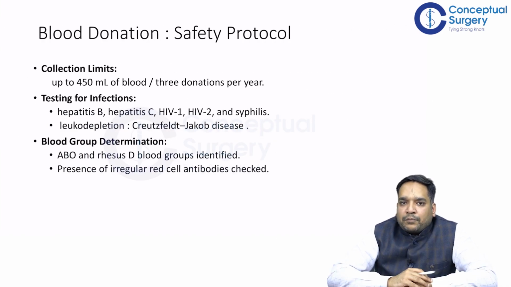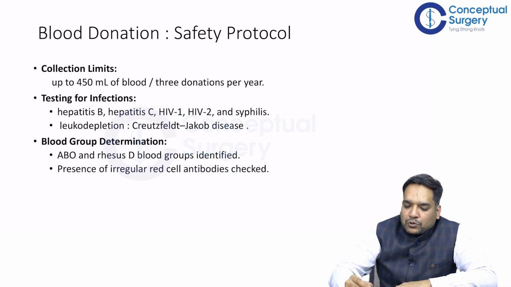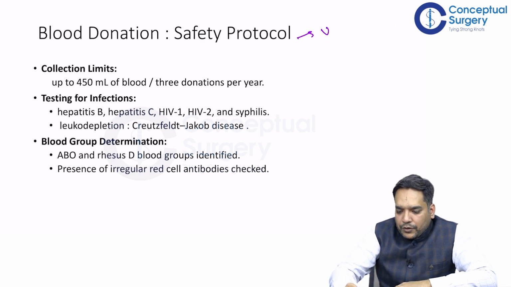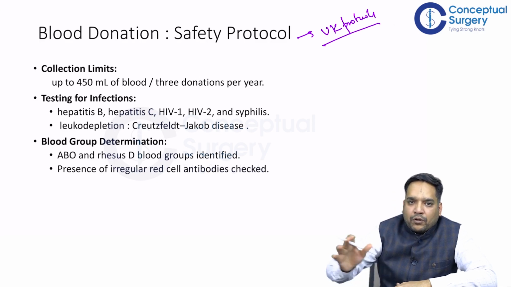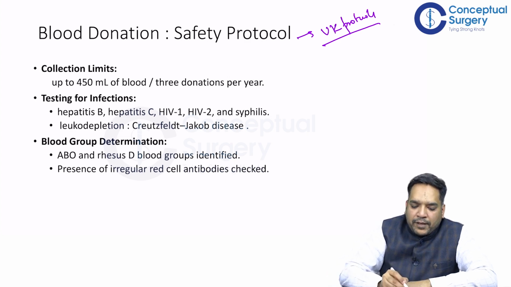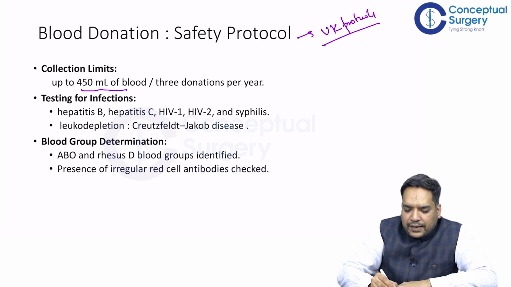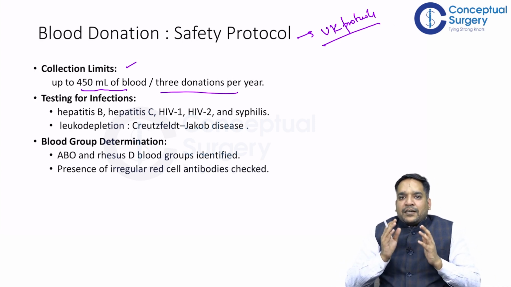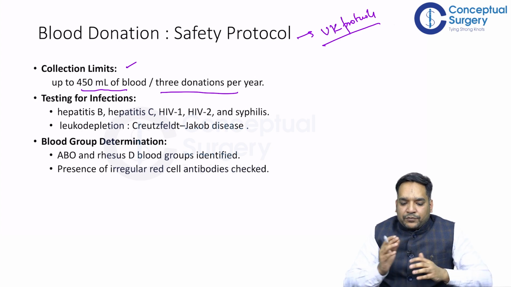This slide tells us about the blood donation safety protocols and rules. These are as per the UK protocol, as Bailey mentioned more about the UK protocols. As per our standard book, up to 450 ml of blood can be given 3 times per year. That is the collection limit. Now, which infections are tested during transfusion?